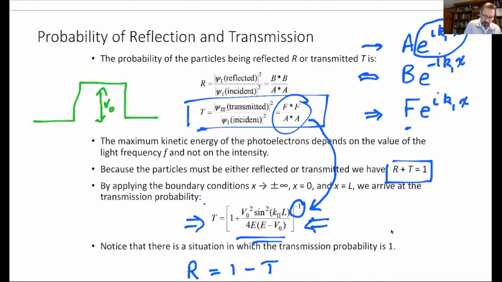And we've got a particle coming in with some amount of energy, either some amount of energy E greater than V0 or some amount of energy E less than V0. And so here's the two cases that we're going to look at, okay?